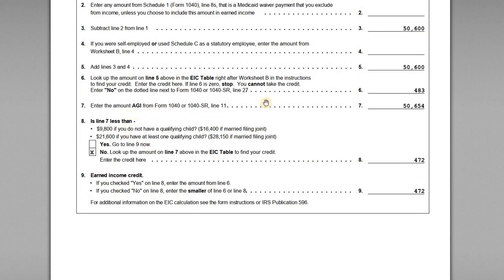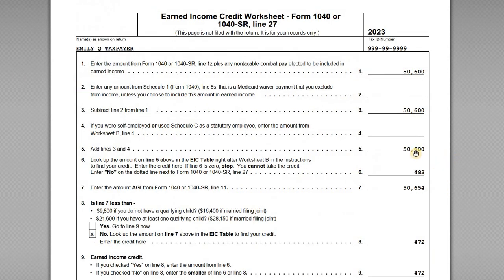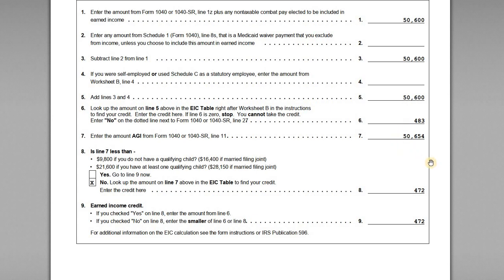So we look at our AGI from line 11. So that's page 1 of the 1040. We go down to line 11 and we find 50,654. So we go back to the worksheet here, 50,654, and then now we go back to the EIC tables and look up the value for this amount.